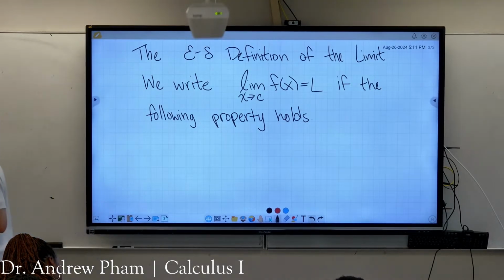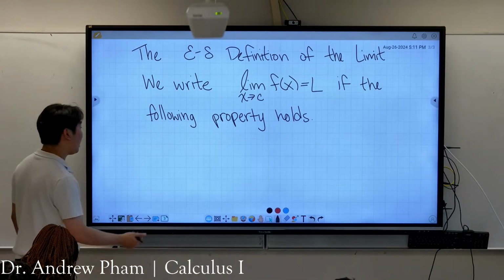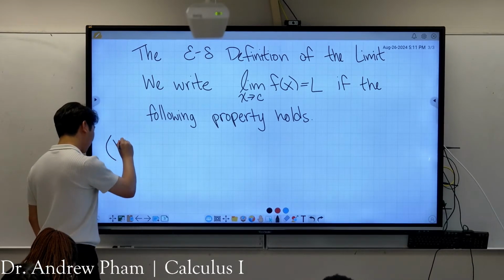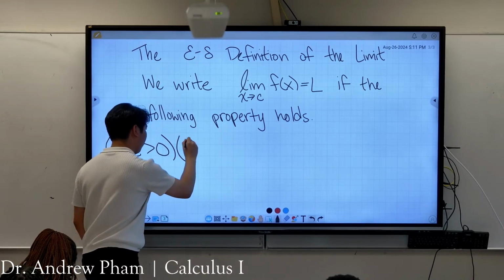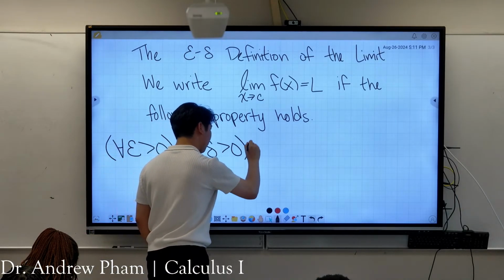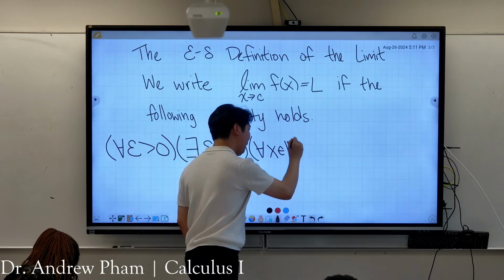So hopefully you've written down that notation with the Greek letters and the for all and everything, because I'm going to write it using mathematical shorthand, and then we're going to read it to see what it means. So it's going to look like I'm drawing a bunch of symbols. So this is the start of it.